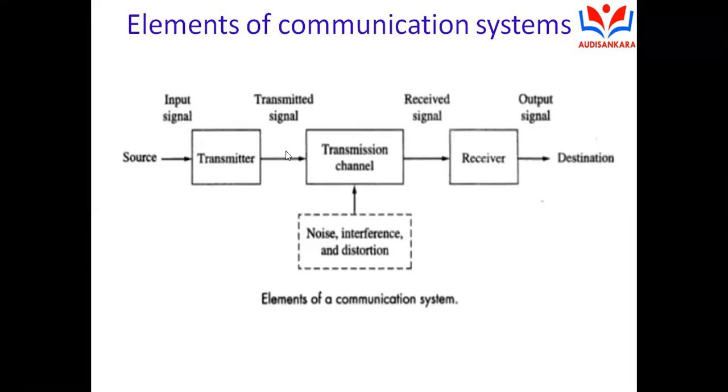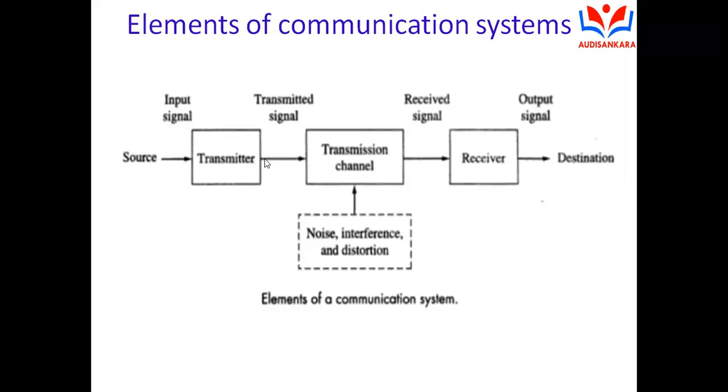So connection oriented means it is used for short distance communication between the transmitter and receiver. For short distance communication, there is a physical path between the transmitter and receiver.